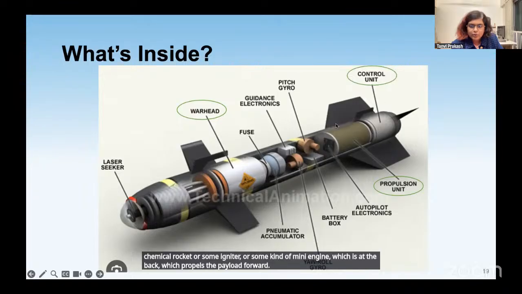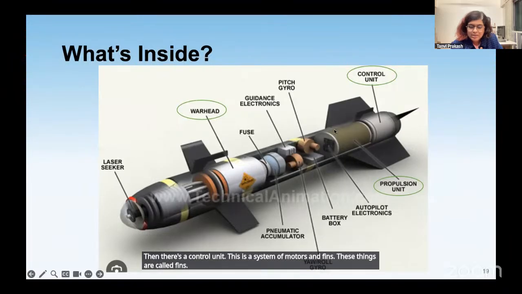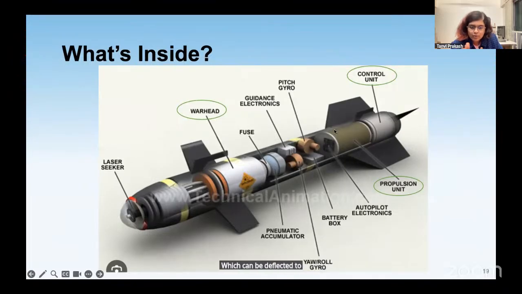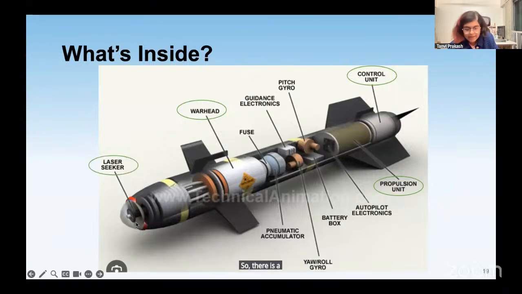Then there's a control unit. This is a system of motors and fins. These things are called fins, which can be deflected to control the direction in which the payload is moving. And how do you know where you're going? With the help of this laser seeker. So there is a nose in the image that you saw before.